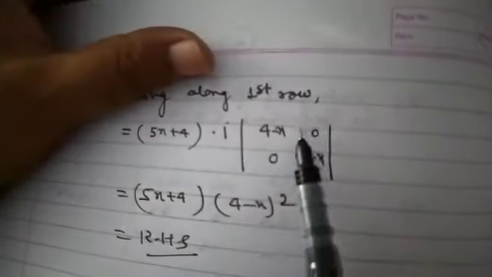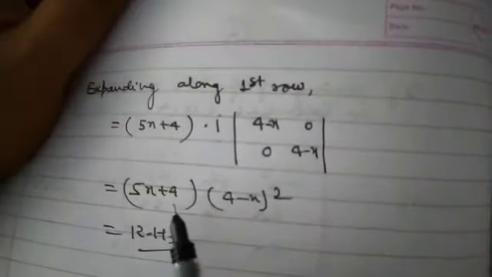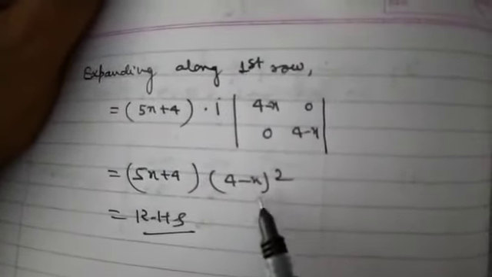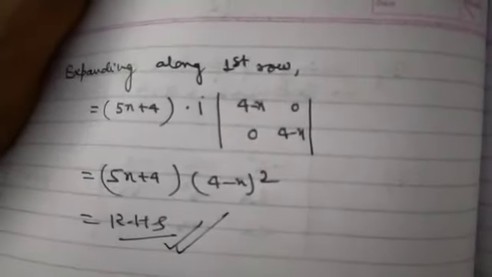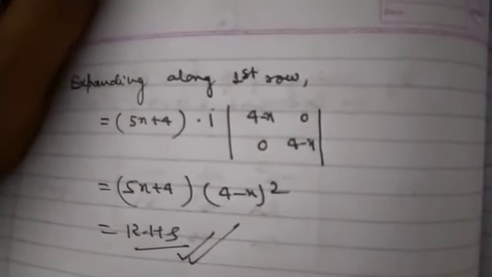Expanding along the first row, we get 5x plus 4 into 4 minus x square. This is the right hand side. In this way, we can solve this type of problem.